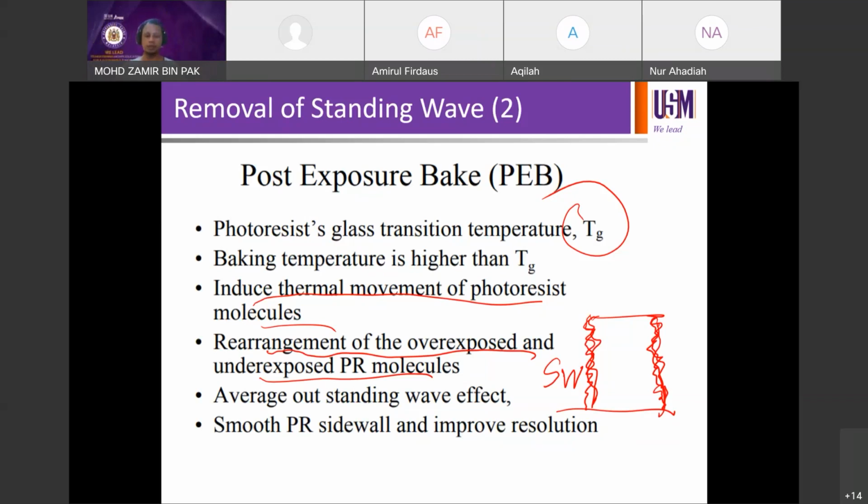Hence reducing or eliminating the standing wave problem, depending on the optimum setting. It will average out the standing wave effect on the ridges, smooth the sidewall, and improve resolution of the patterns later on. The sidewall, we call it the vertical ridges or sidewall, the same thing. It's the wall at the side. These are the words that we use in litho.